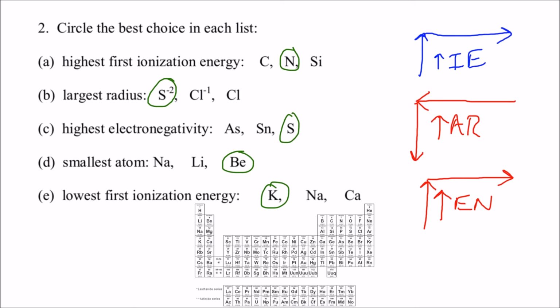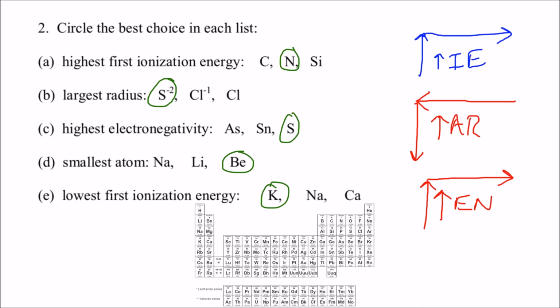Well, if you have a lot of nuclear charge, that means you've got a lot of protons, which means it's going to be more difficult to take an electron away from that element.